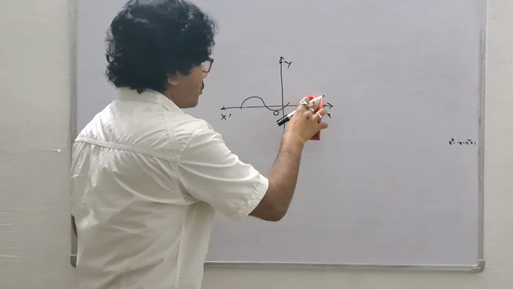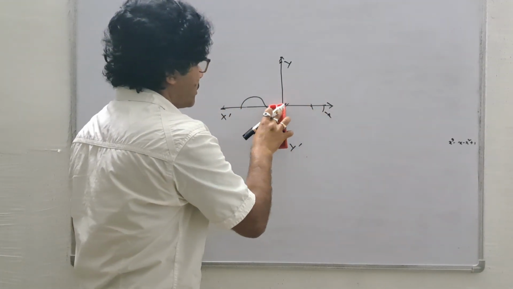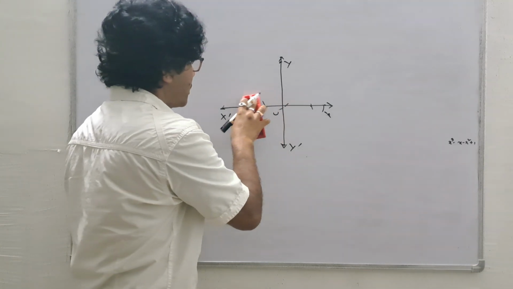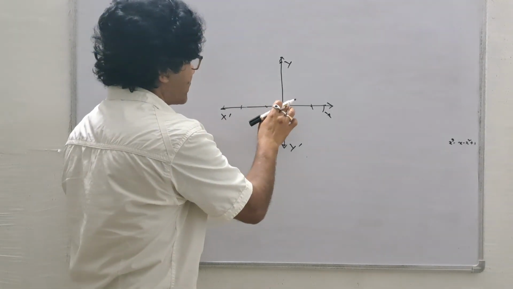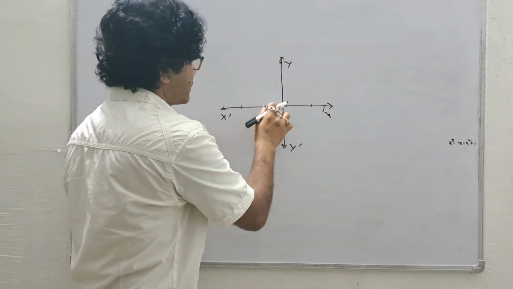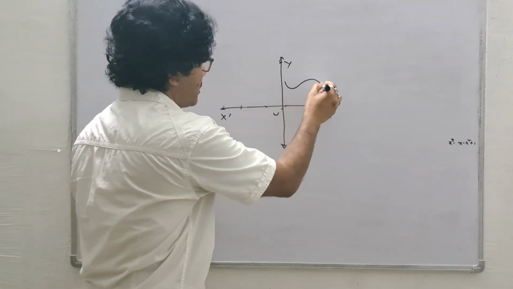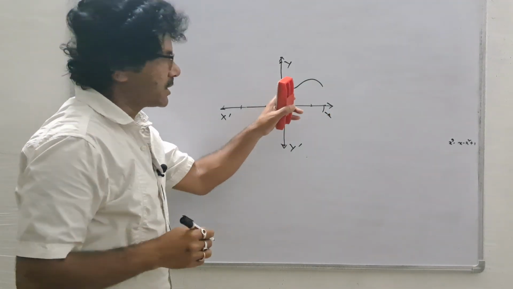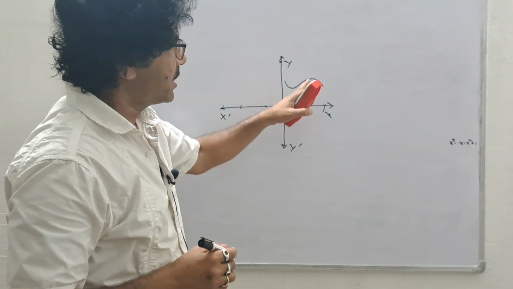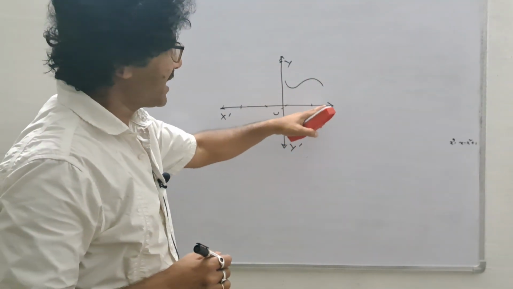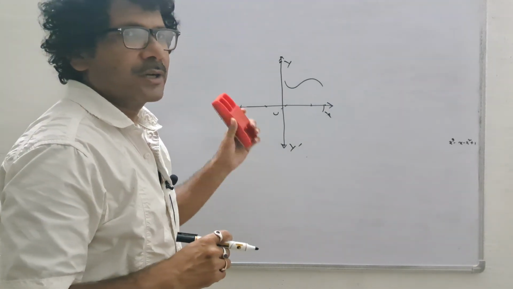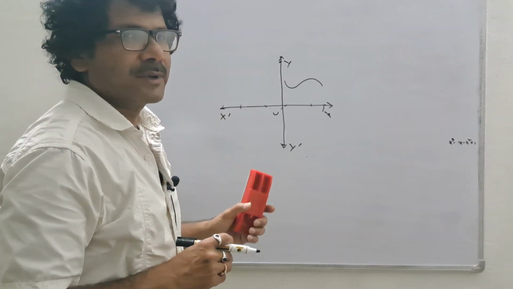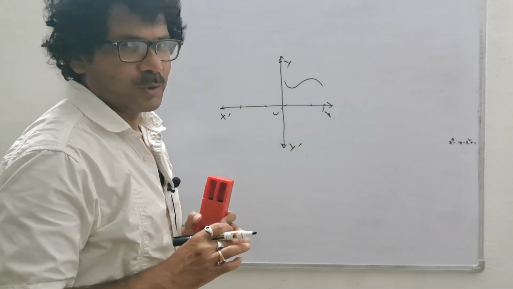So if a polynomial does not intersect the x-axis at any point, suppose this is the graph of a polynomial, and this graph does not intersect the x-axis at any point, so it does not have any real zeros.